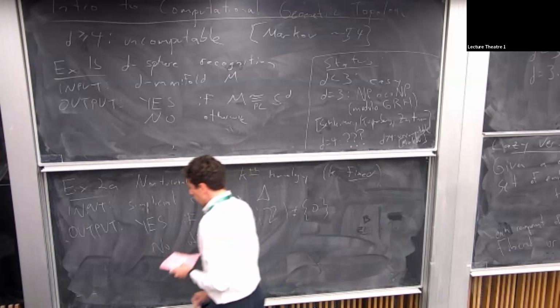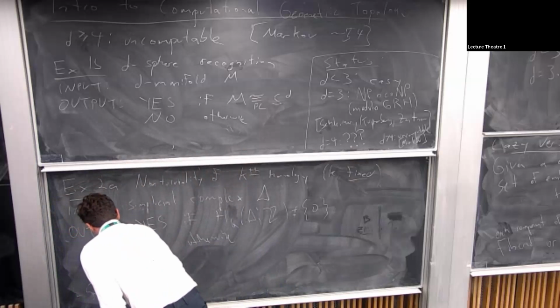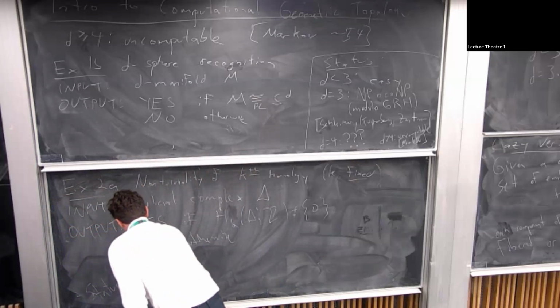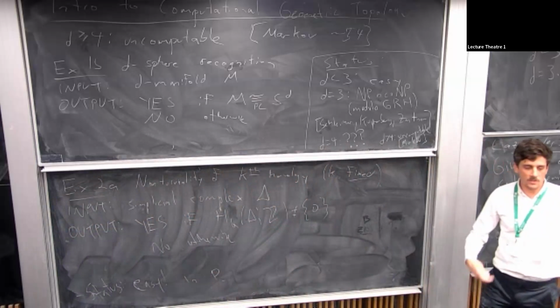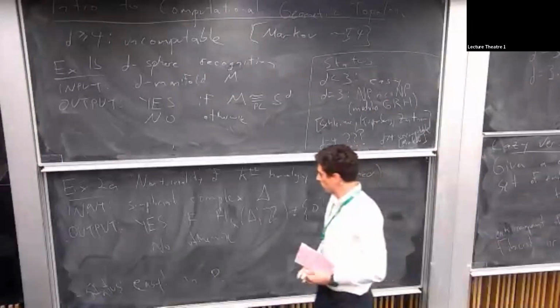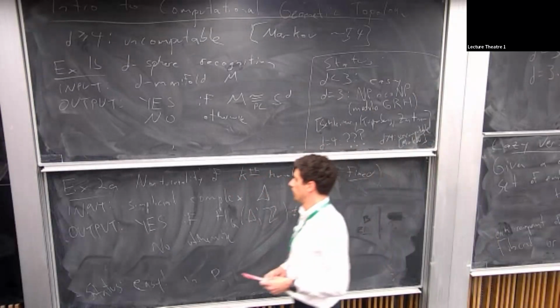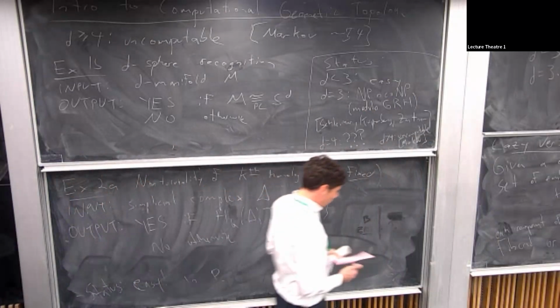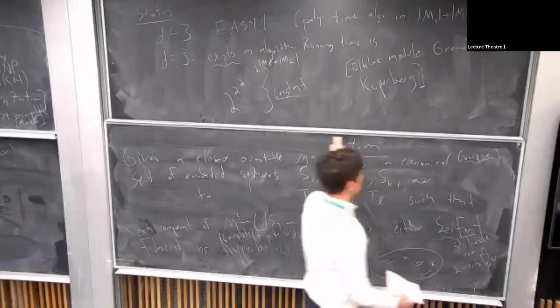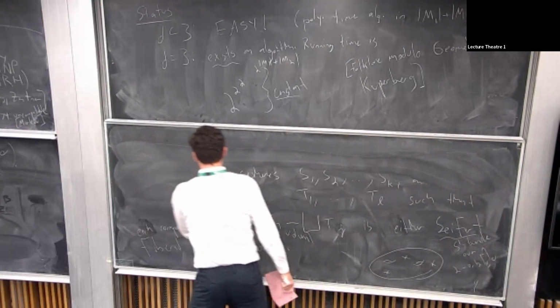So the status of this is that it's easy. It's in P. Generally speaking, computing homological and cohomological invariants in low degree is always efficient. The secret sauce is Smith normal form.